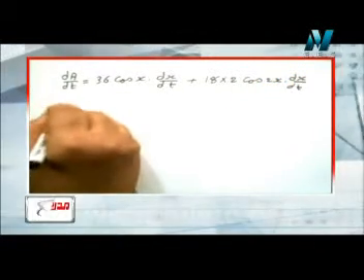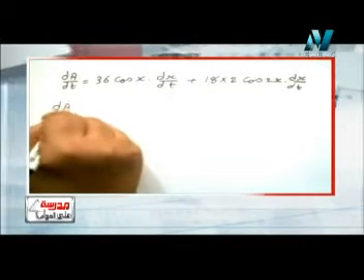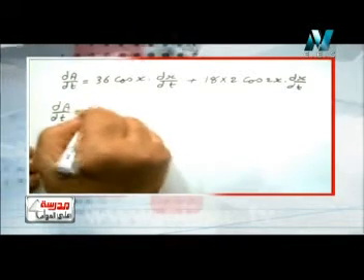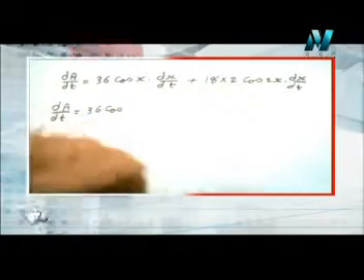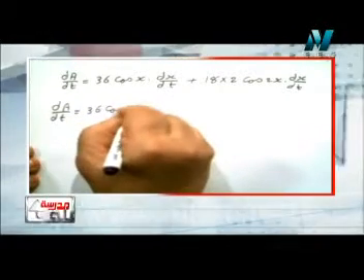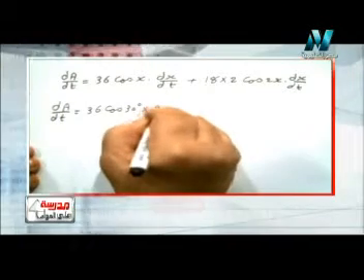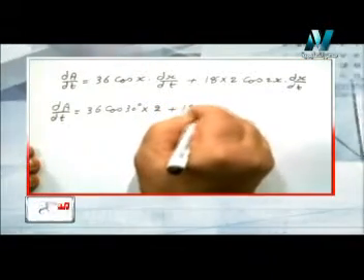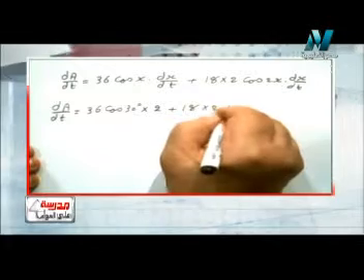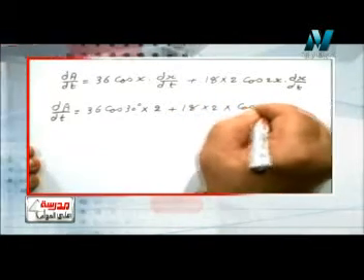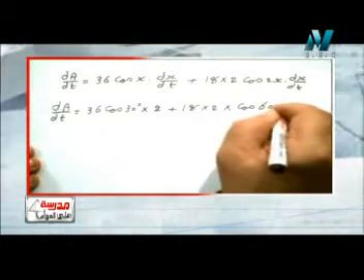Then dA by dt finally equals 36 cosine x, and when x equals 30 degrees, dx by dt equals 2, plus 18 times 2 cosine 2x, which is cosine 60, times dx by dt.